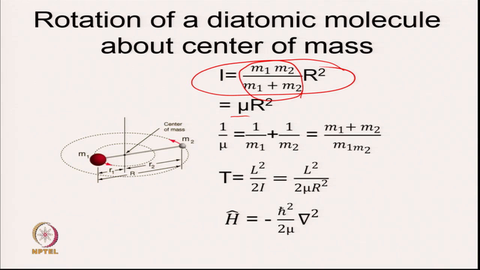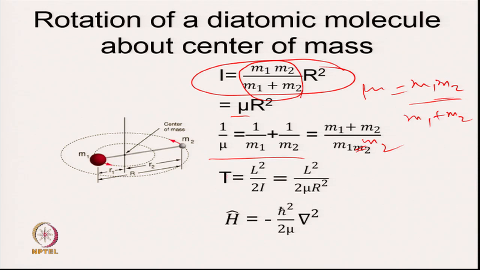So, I is equal to mu into R square, and so mu is equal to M1 M2 divided by M1 plus M2. If you invert it, 1 by mu will be equal to 1 by M1 plus 1 by M2, so that this inverse is equal to M1 plus M2 divided by M1 into M2.